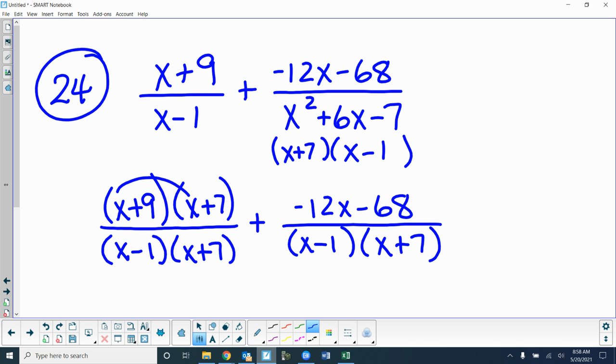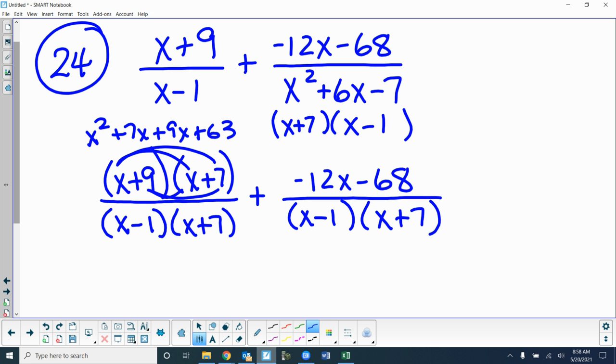So first, outside, inside, left. Okay? Now I can add them by combining the like terms. All right, the denominator won't change.